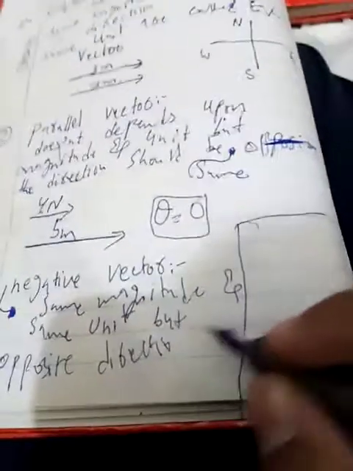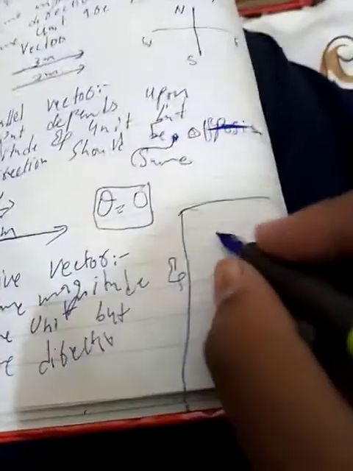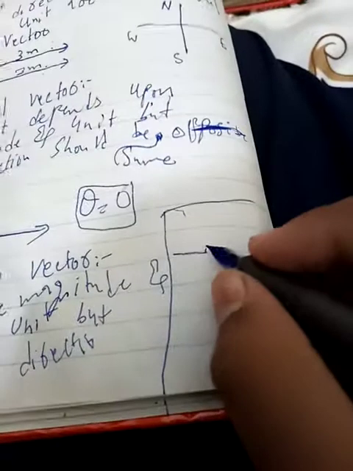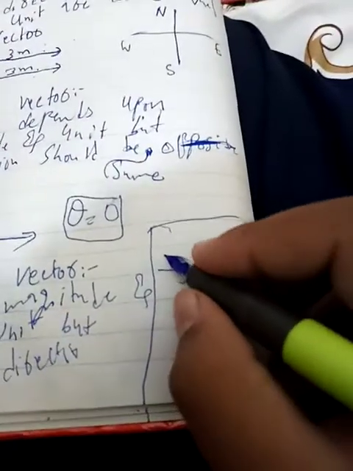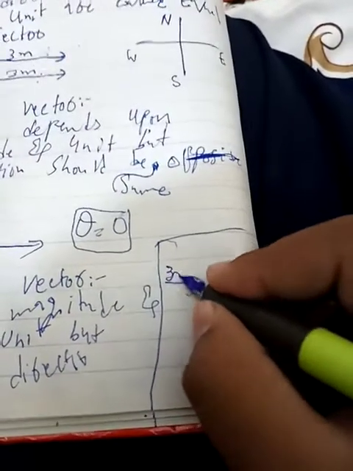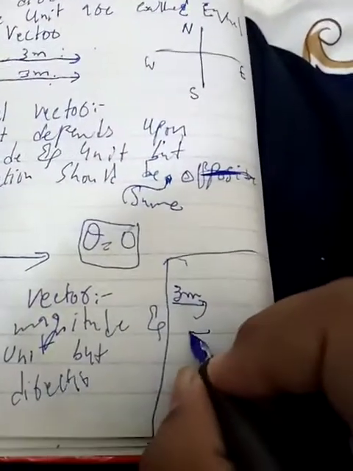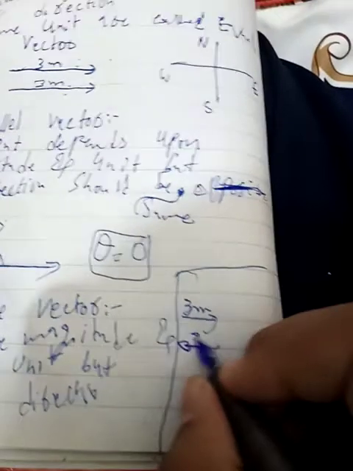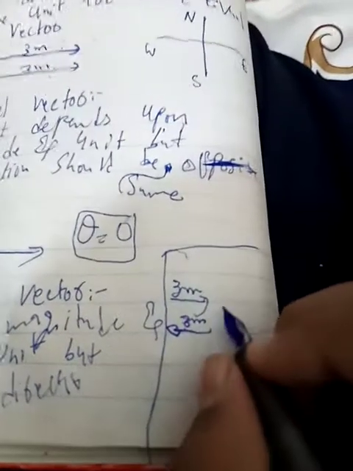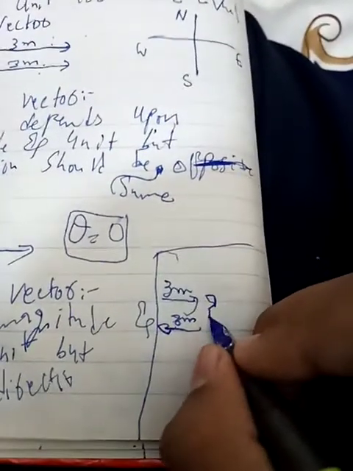For example, if one vector moves 3 meter in the east, and this other vector also moves 3 meter but in the west, both of these are examples of negative vectors.